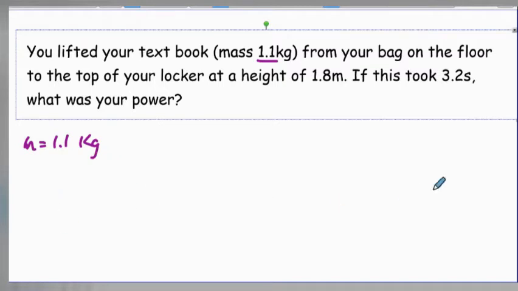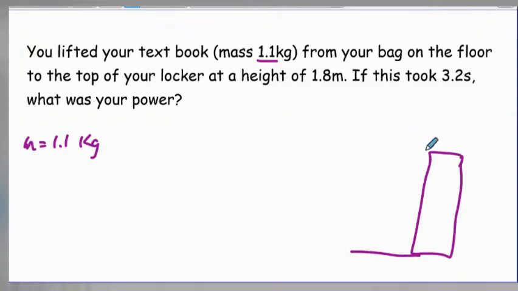Then you're going to put your book up on top of your locker. So it was here, and now we're going to move it to there. It's got a height of 1.8 meters, and we did this in a total of 3.2 seconds. That'll come back in a moment.